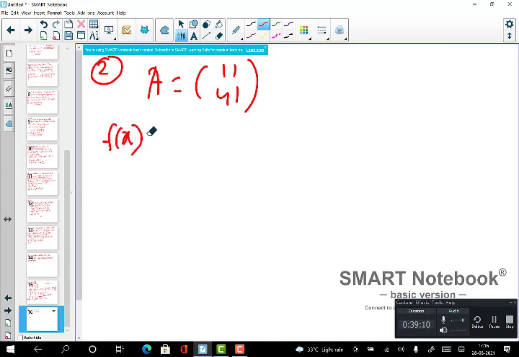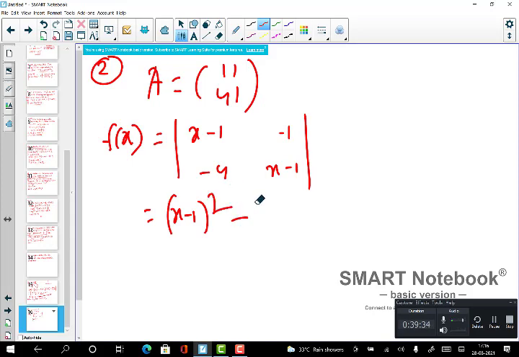Again, you first find the characteristic polynomial, so that will be the determinant of x minus 1, minus 1, minus 4, x minus 1. That means (x minus 1) whole squared minus 4, so this is (x minus 1 plus 2)(x minus 1 minus 2), using a squared minus b squared equals (a plus b)(a minus b).